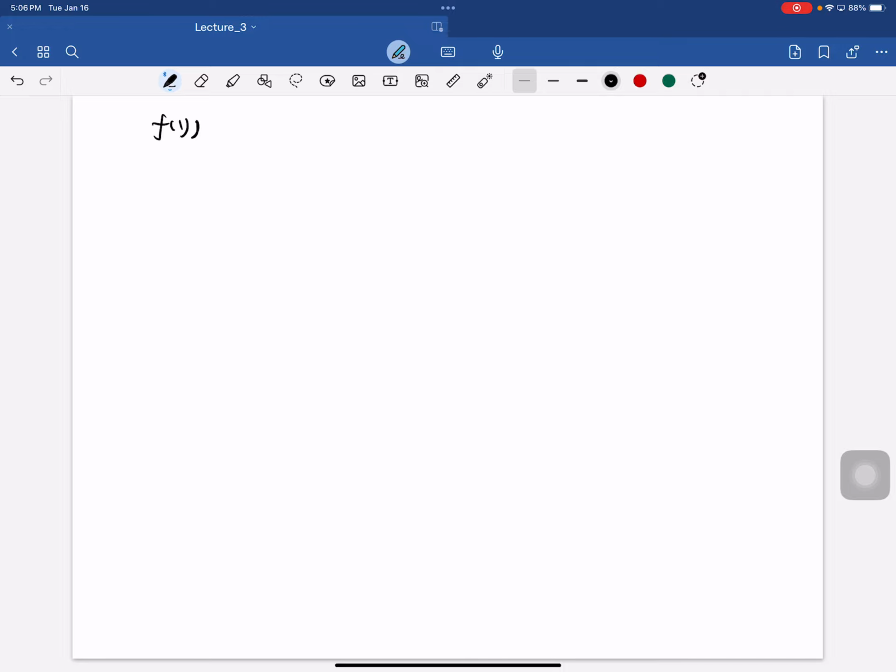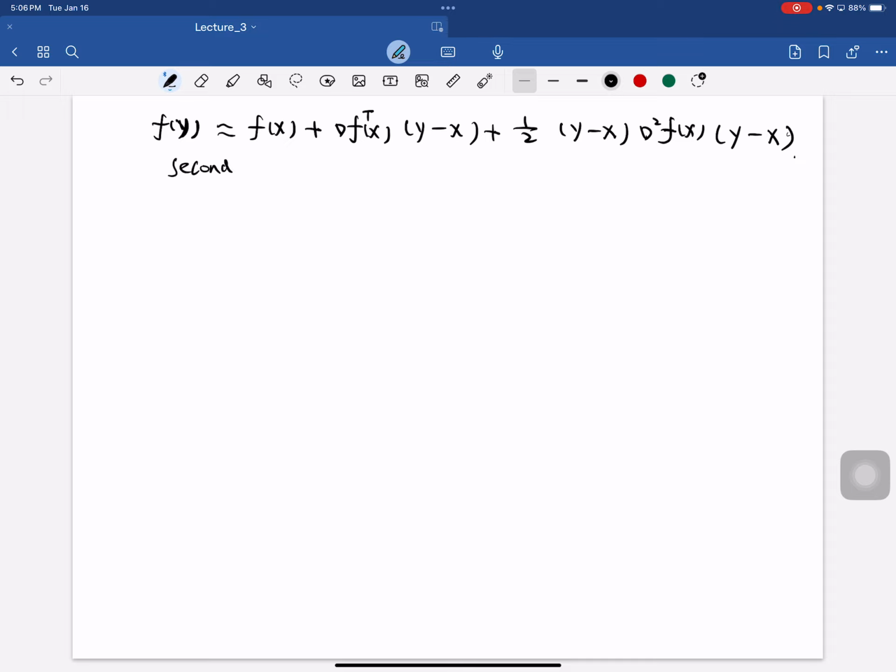Then we have f(y) is approximately f(x) plus the gradient at x transpose (y minus x) plus 1 over 2 ... Okay, so this is nothing but the second order Taylor series expansion.